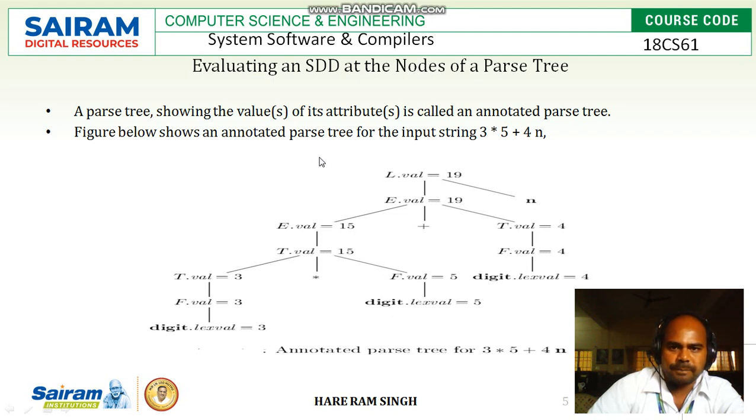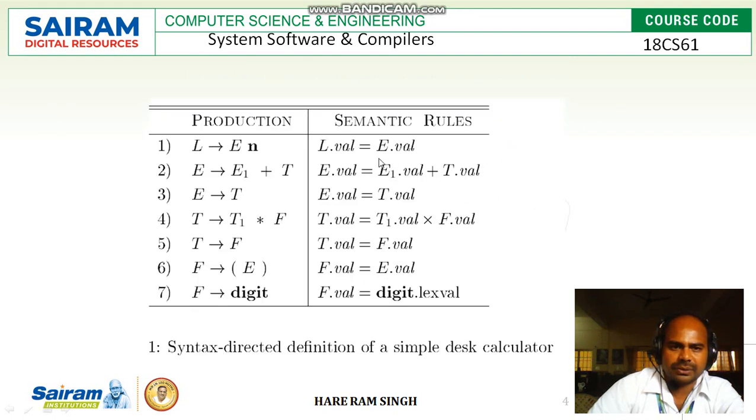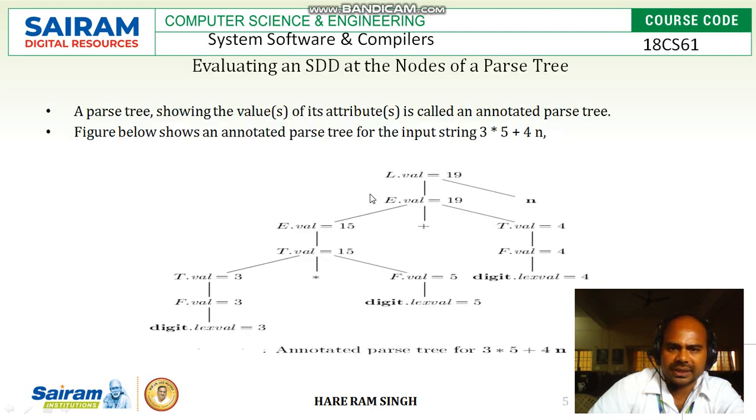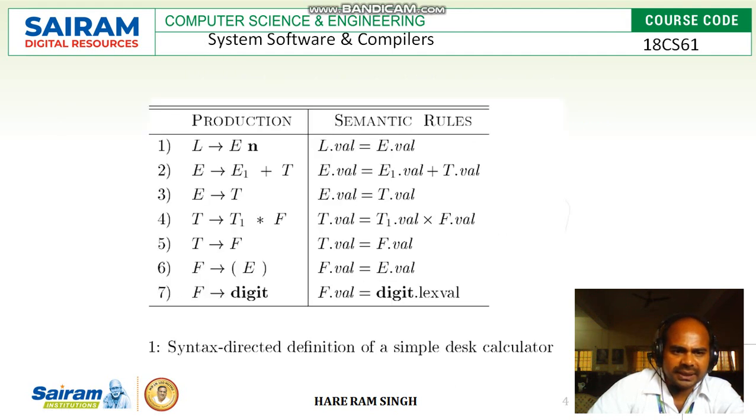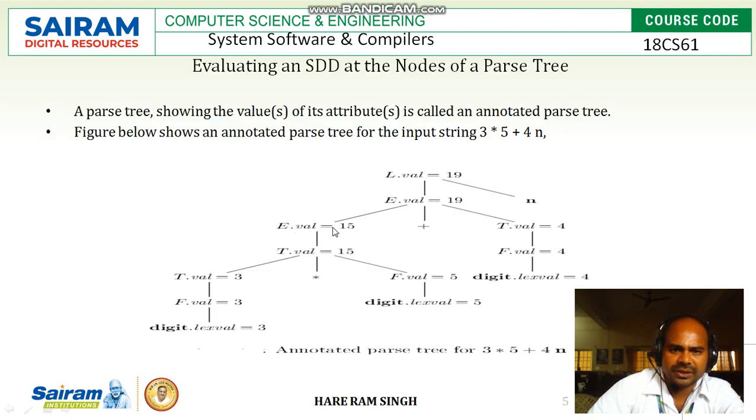So let us define 3 into 5 plus 4. Our grammar rule is L generates E, then E generates E1 plus T. E can generate E plus T or T. Here E is generating T, because here we have to bring the 3 into 5.